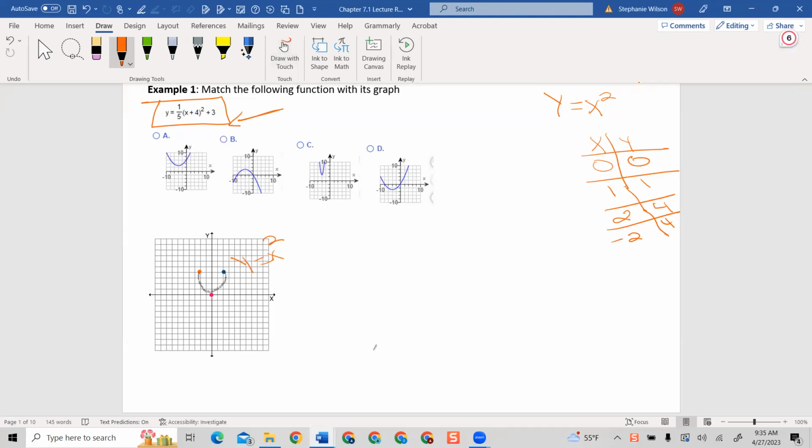However, in this one here, we have more going on than just y equals x squared. So whatever we have going on here, we're going to make those changes here. So let's look at it.